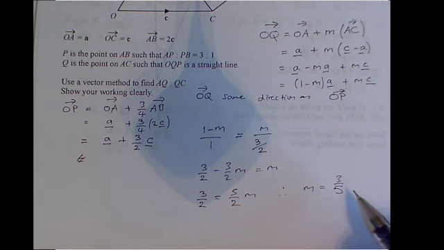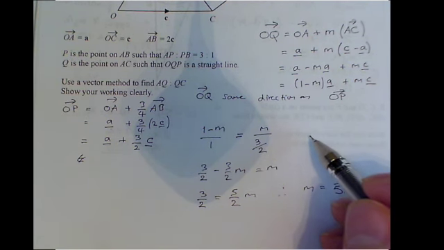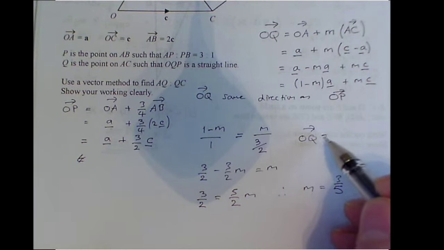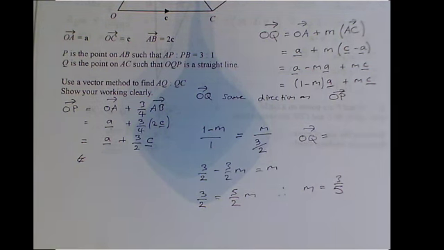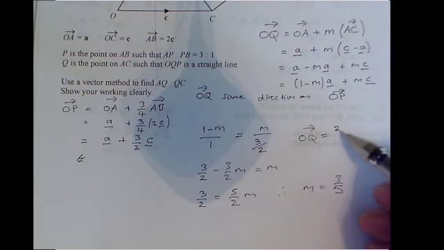So now that I know what M is, 3/5, shall I just write out what OQ is? So OQ is 1 minus 3/5 of an A, which is 2/5 of an A. And MC is going to be 3/5 of a C.